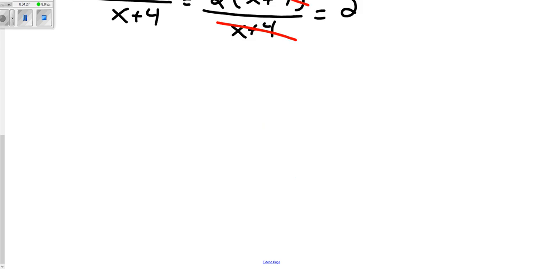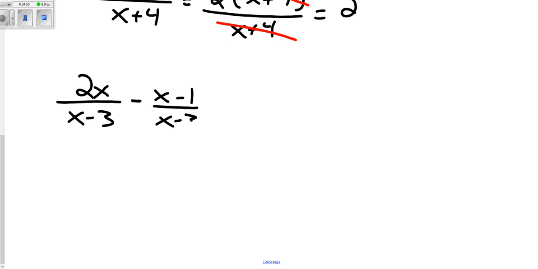So, now I'm just going to bump it up a notch. Let's do something like 2x over x minus 3 minus x minus 1 over x minus 3.